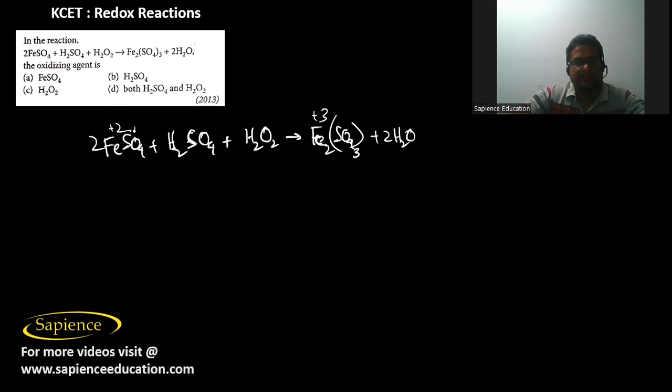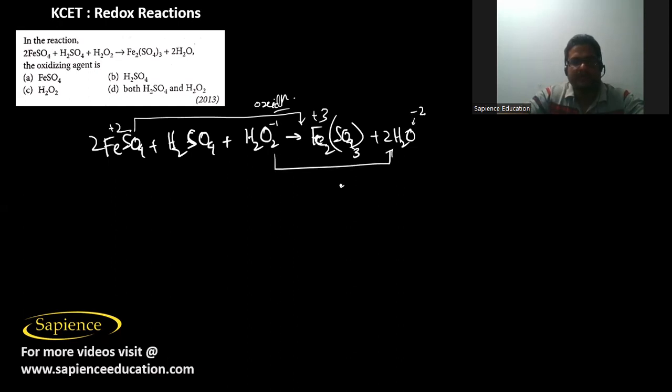So here we have oxidation, here iron is oxidized. And in H2O2, oxygen is in -1 oxidation state, and here oxygen is in -2 oxidation state.